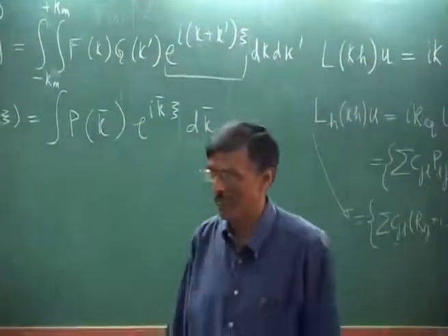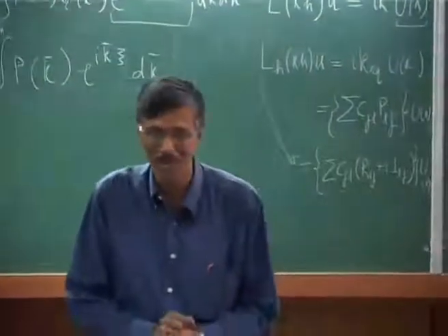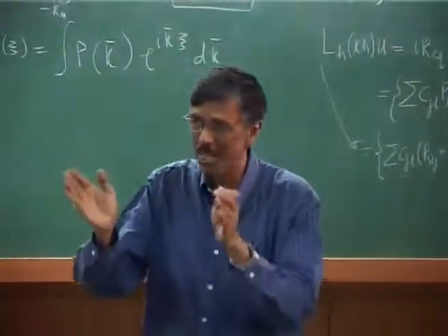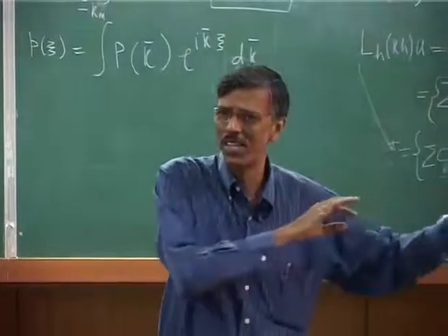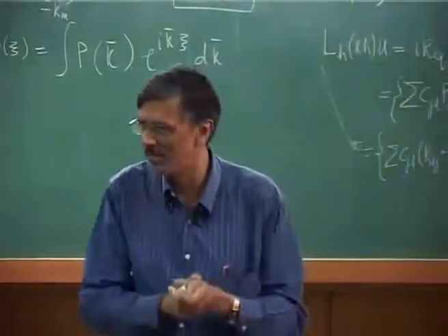What happens? I have already told you what happens in computing. Even though we are working in a limited region, we always take its periodic extension on either side, right?